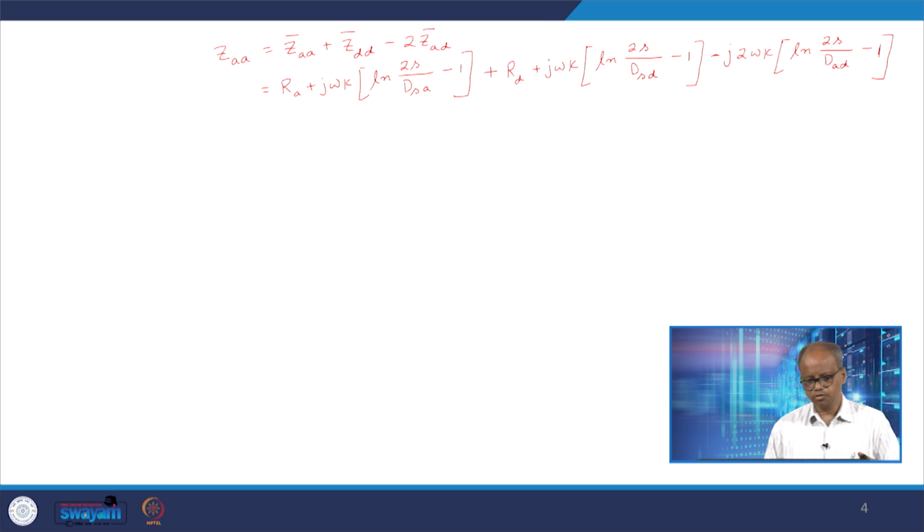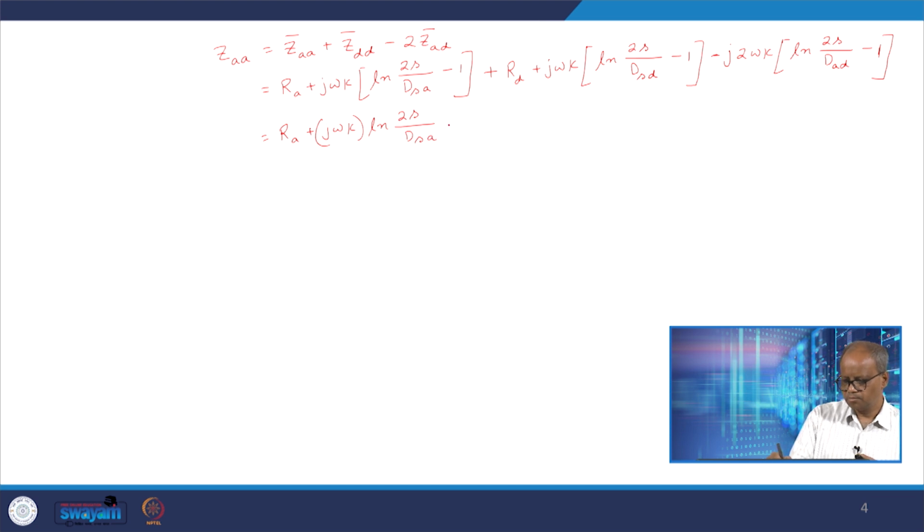So then, what do I get here? I get RA plus j omega K into log of 2S by DSA, minus j omega K from expanding this.